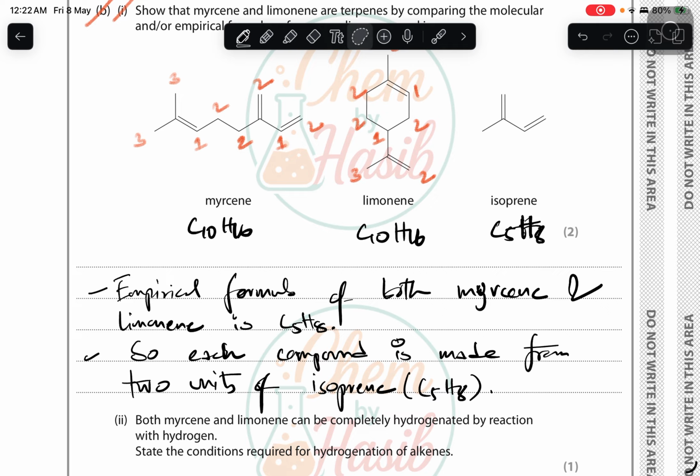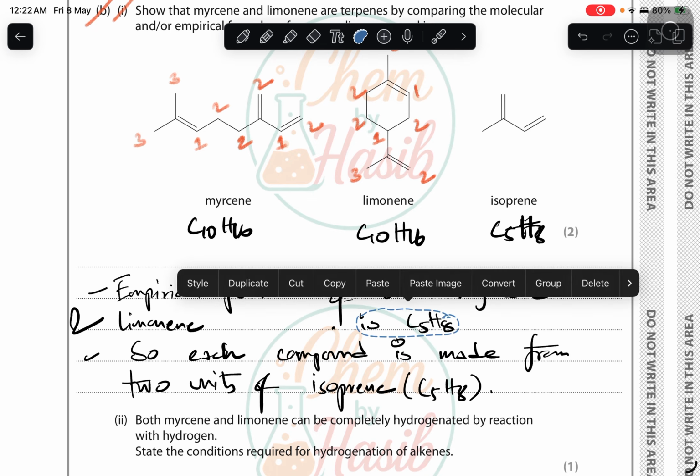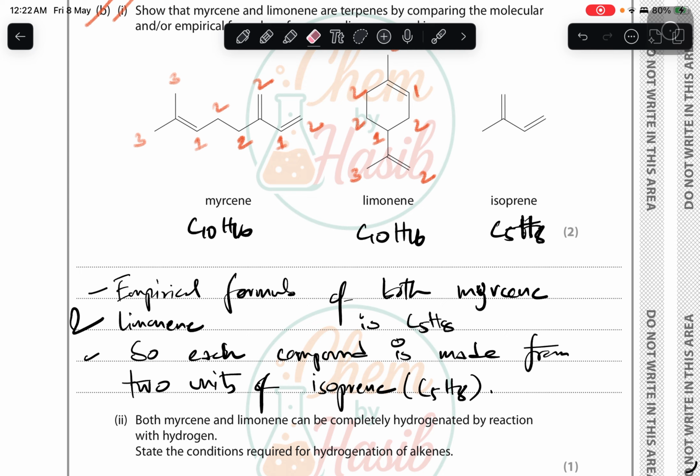You should also give the molecular formula. I think it's best to give the molecular formula of these compounds as well. The molecular formula of both myrcene and limonene is C10H16, and the empirical formula is C5H8, which indicates that each compound is made from 2 units of isoprene, which has the formula C5H8. Right? This should be your answer.